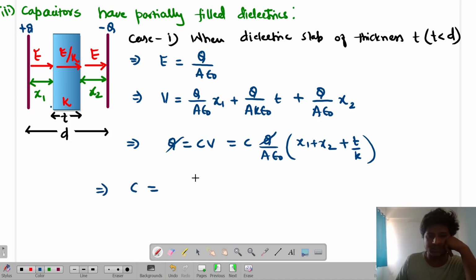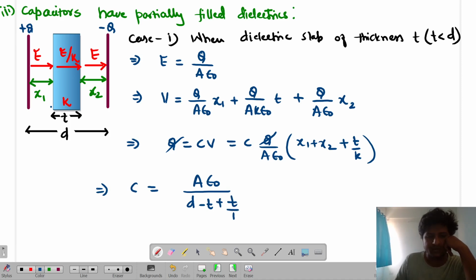C is equal to how much? A epsilon naught divided by x1 plus x2 plus t by k. Basically, can I call x1 plus x2 nothing but distance d minus thickness t?